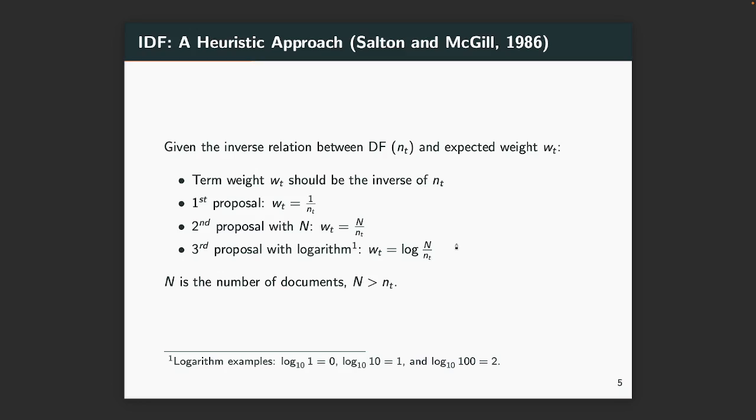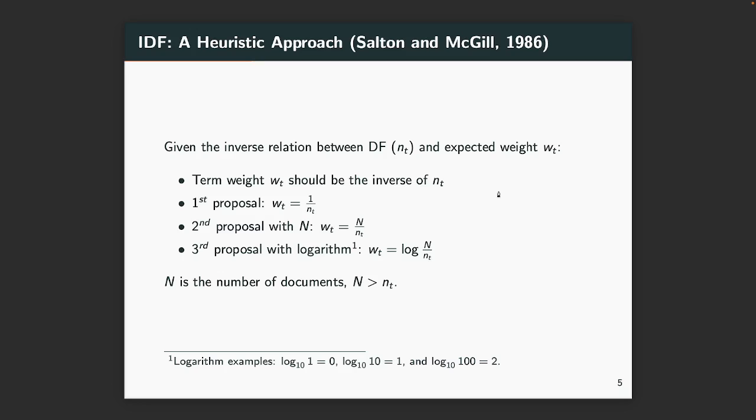And so capital N divided by NT, for the word "the", NT is going to be exactly the same as N. And so N divided by NT for the word "the" is going to be 1. I hope this makes sense.